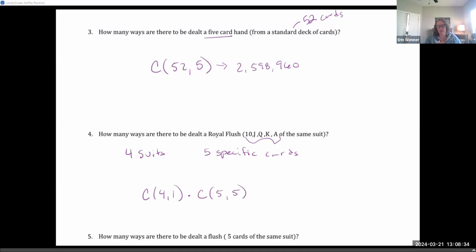Where things get varied is which suit. Are they all going to be hearts, diamonds, clubs, spades? The combination of 4 items taken one at a time gives 4 outcomes, and 5 cards choosing all 5 at once is 1 outcome, giving us just 4 ways to be dealt a royal flush.